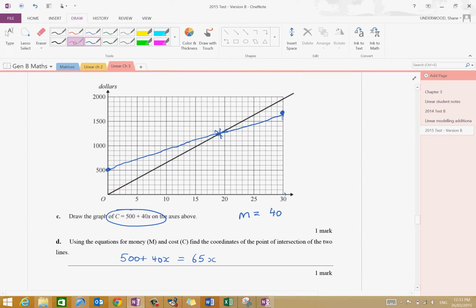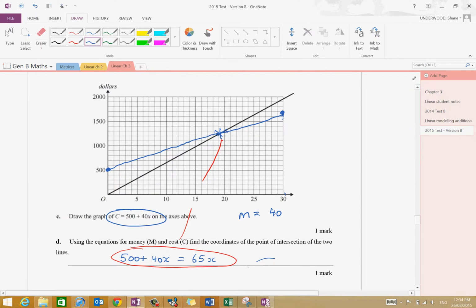So if you solve this equation here, that is going to find this coordinate here of the intersection. So it says using the equations, find the coordinates of the point of intersection of the two lines.